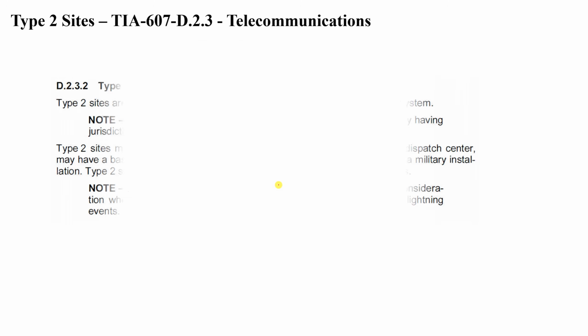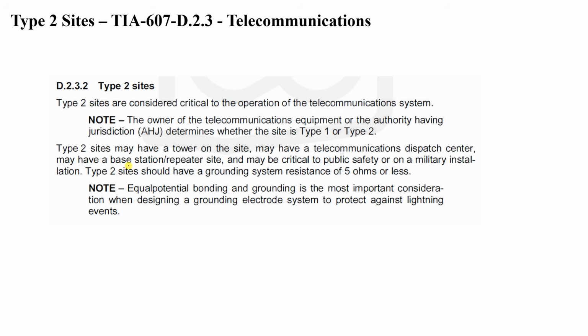Type 2 is the one which has the 5 ohm. You can see type 2, which are critical to the operation of telecommunication systems. It tells you that type 2 sites may have a tower on the site, and if you go all the way here, type 2 sites should have a grounding system resistance of 5 ohm or less.